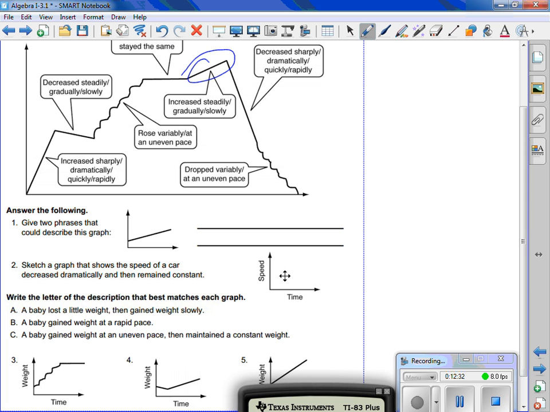Someone want to come up and draw this one? Go ahead. It decreases and then it remains constant.